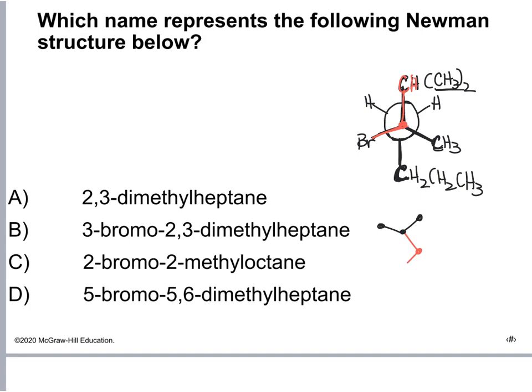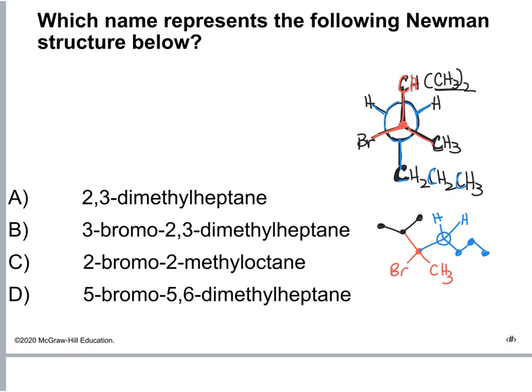We got a Br, and we have a CH3. And then that's connected to this back carbon. So now we have to connect this to the back carbon. I can even just do a little circle, and then you're going to have a hydrogen and a hydrogen. And you're going to have a CH2, CH2, CH3.